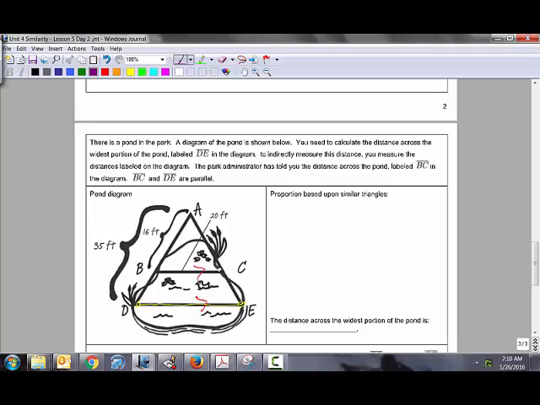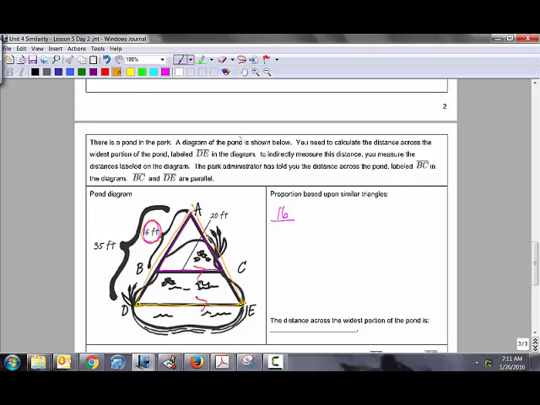And so now we're going to make our proportion based on the similar triangles. So again, I've got this small triangle. So in this way, it's like the shadow method inside this larger triangle. So I need to put the corresponding parts together. So part of the small triangle is the side labeled with the 16.